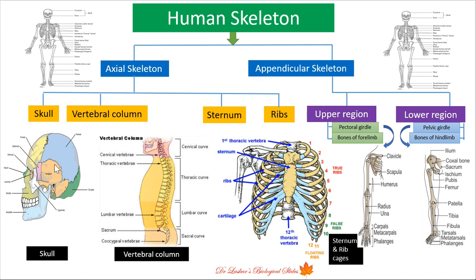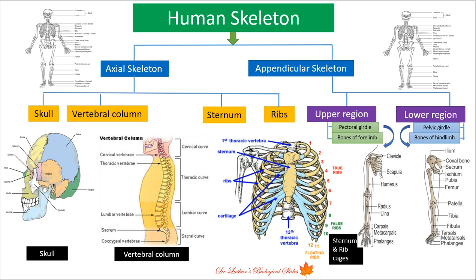Skull. The skull is composed of two sets of bones. One is known as cranial bone, another is known as facial bone. That totals to 22 bones. Cranial bones are 8 in number. They form a hard protective outer covering, the cranium, for the brain.